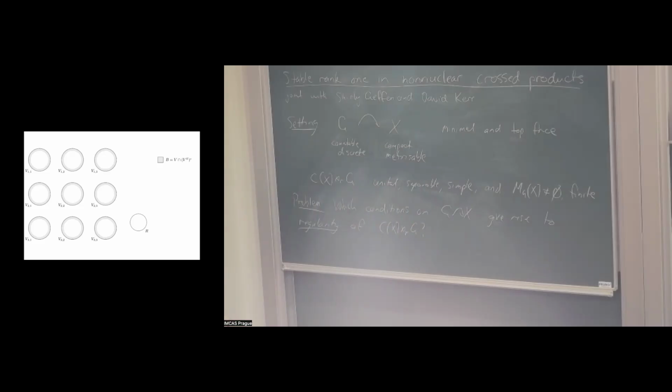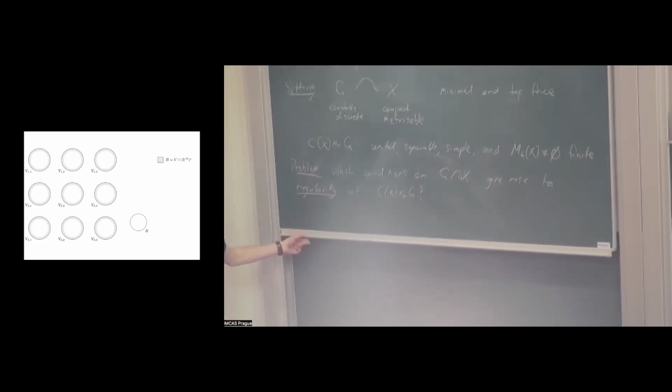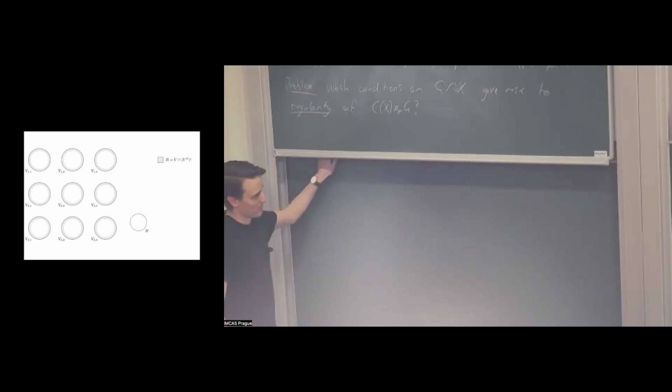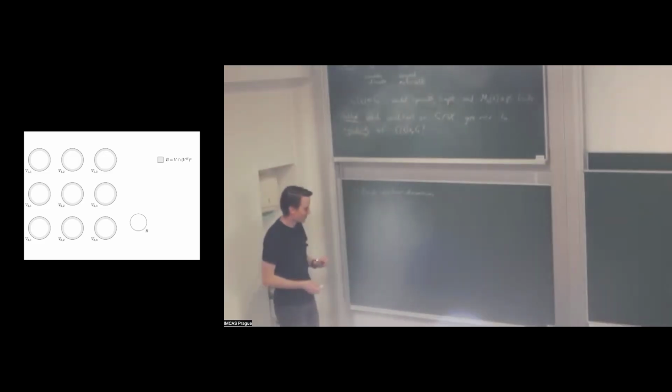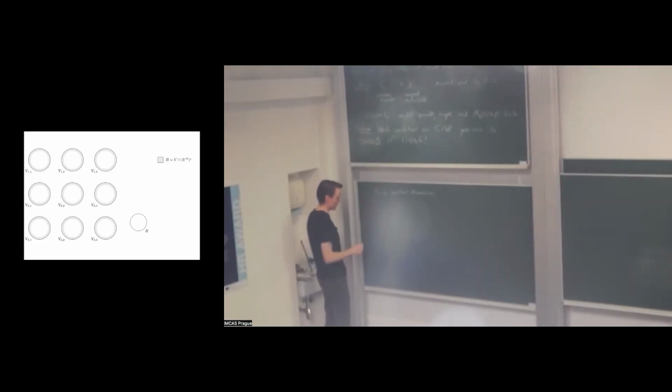To give you some idea of what I mean by regularity, coming from Munster, I of course need to mention classification at some point. The kinds of things I have in mind are finite nuclear dimension, so like stable rank, this is another way of describing a non-commutative version of covering dimension for C-star algebras. And this is one of the crucial inputs to the classification program.